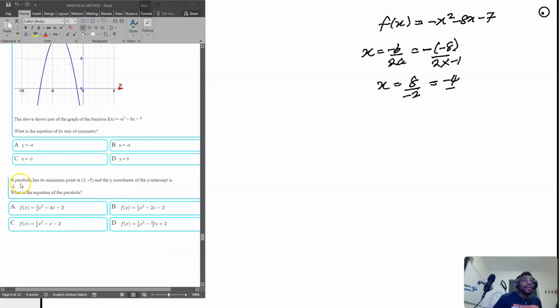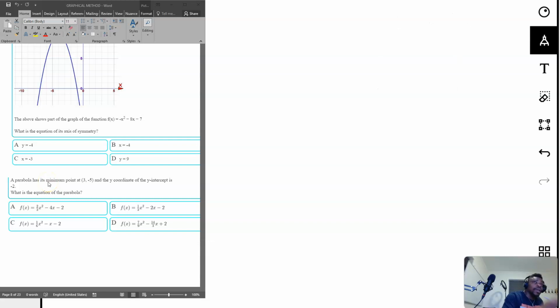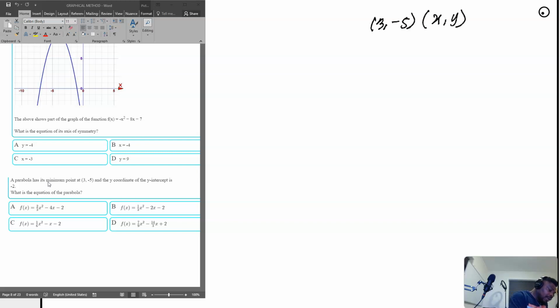The next question. The parabola has its minimum point at 3 and minus 5. That means x and y. Remember that we have our equation like this.